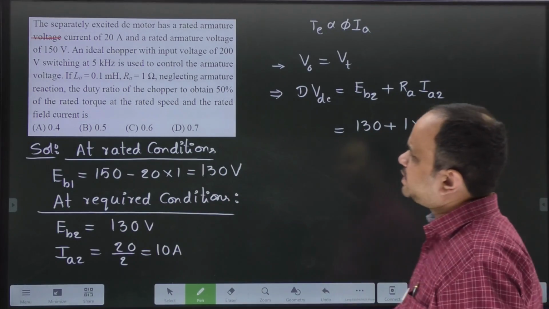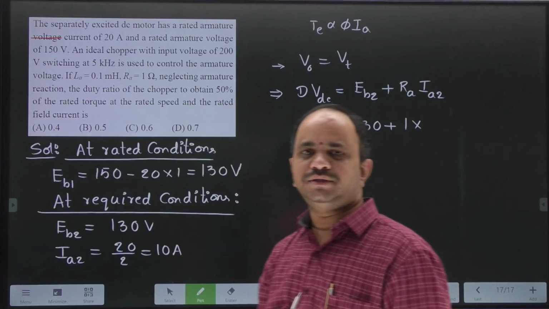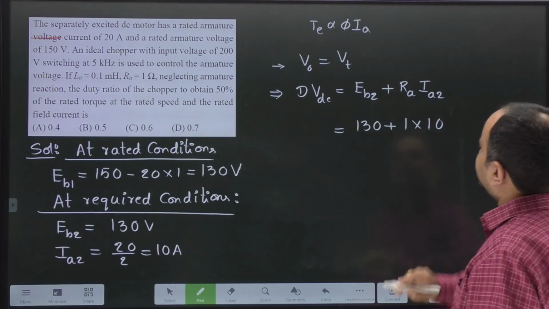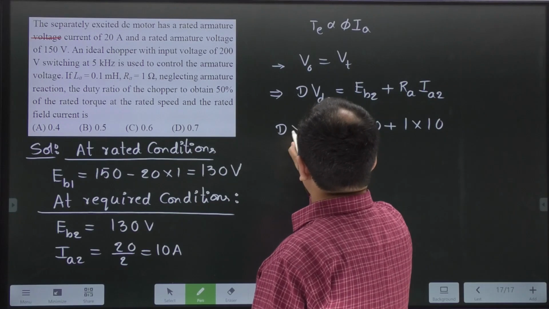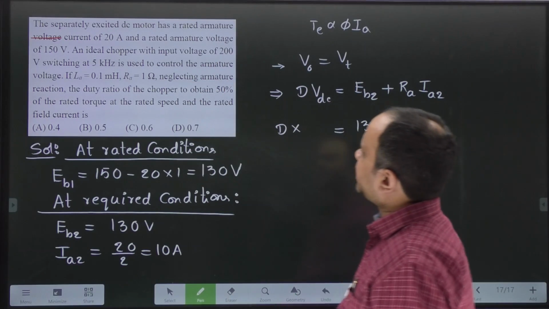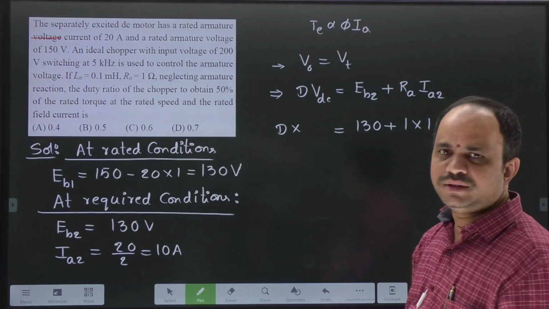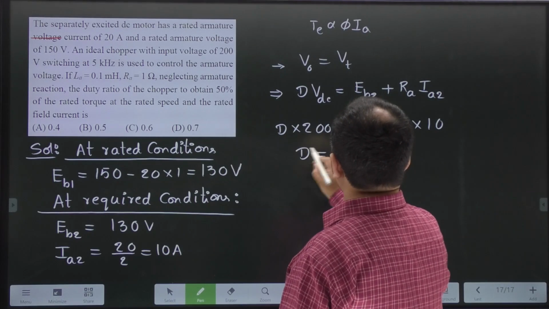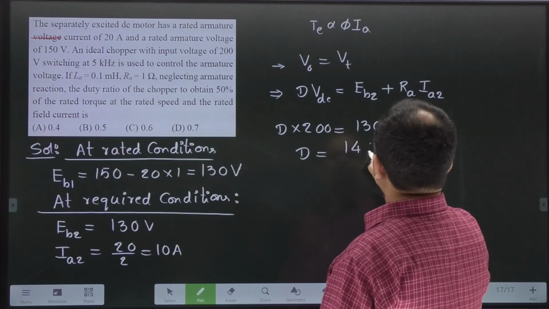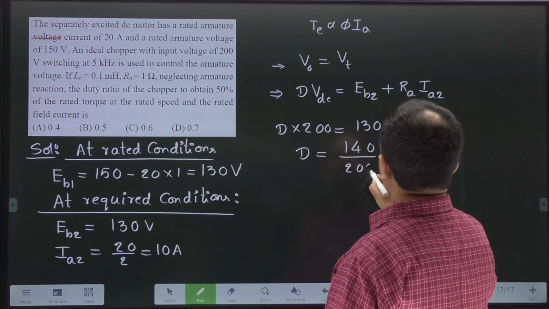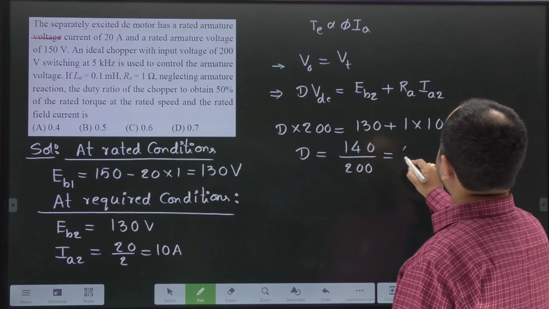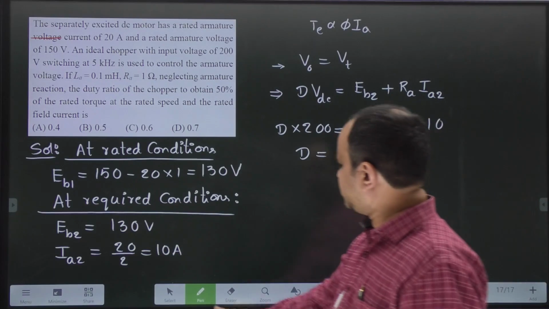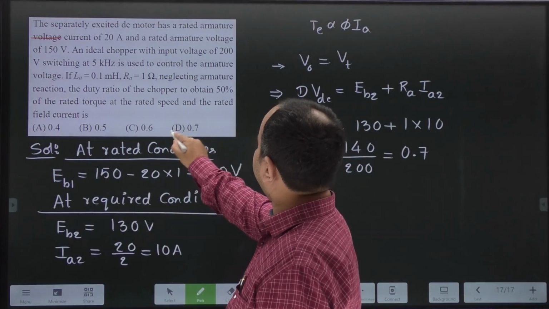In the steady state analysis, the voltage drop across armature inductance will be 0. RA multiplied with IA2, which is 10 ampere. On the left side, D multiplied with the input voltage to the chopper circuit, that is 200 volt. So this will give you D is equal to 140 divided by 200, which is equal to 0.7. So the answer for this question is option D.